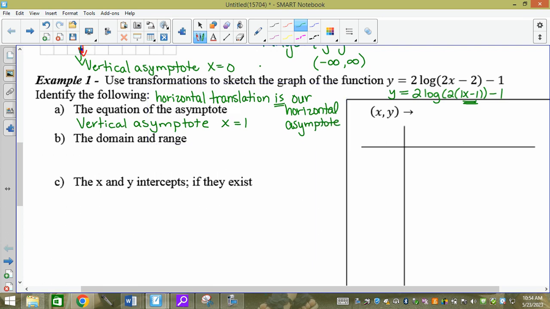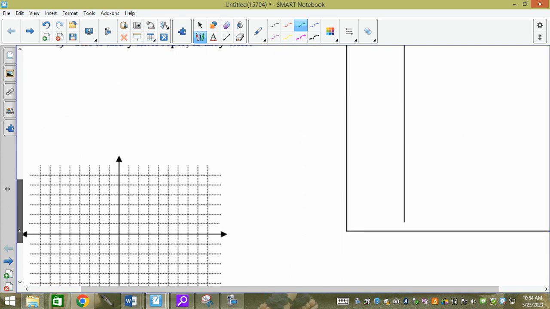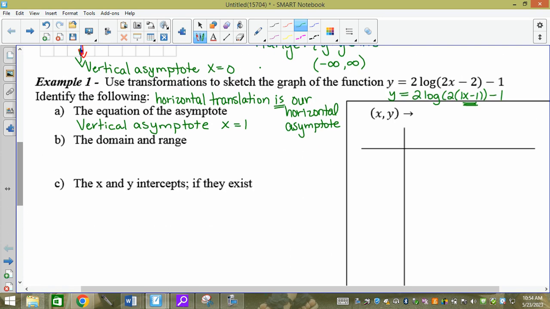Now, in order to sketch this down here, we want to use original points off of our log, just the log base 10 graph. So you've typed it into your calculator, log base 10, or just log, because log x is log base 10, and we go to our table of values.